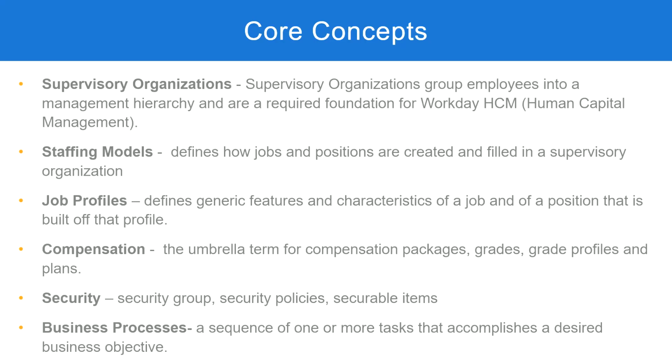And all of these tasks will not be performed by the same person or the same group of persons; they will be done by different groups of persons. So we will see how we can configure the business processes in Workday. Okay. So these are your 6 core concepts.